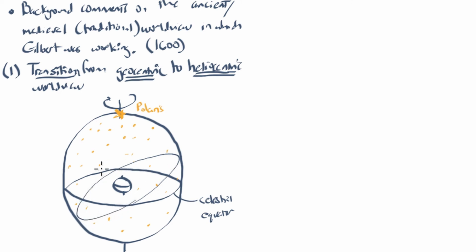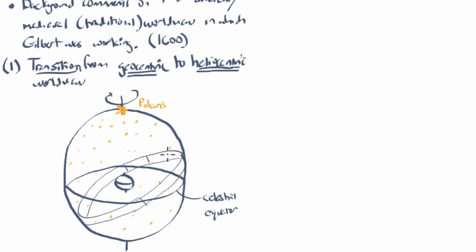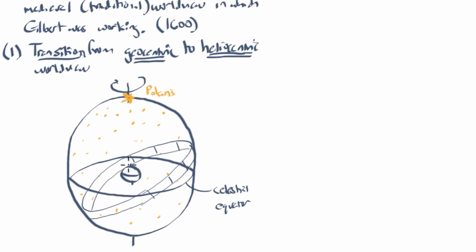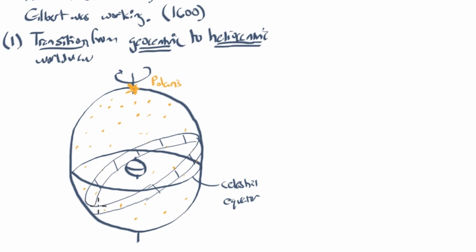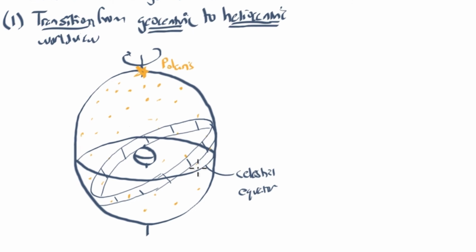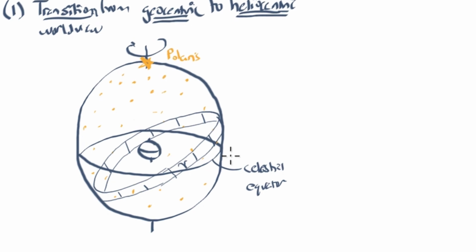If you think of a belt like this, there's a certain belt that, if you think about it being broken up like this into 12, 1, 2, 3, 4, 5, 6, 7, 8, 9, 10, 11, 12, there's 12 sections to this belt. And on this belt, there lie certain sets of stars or constellations that we call the zodiac.